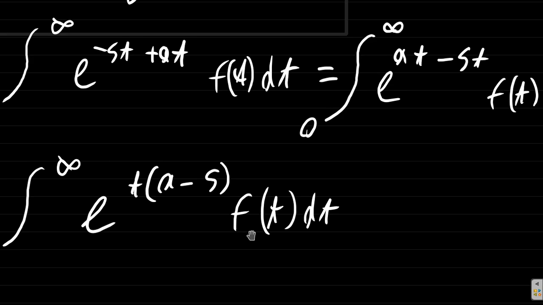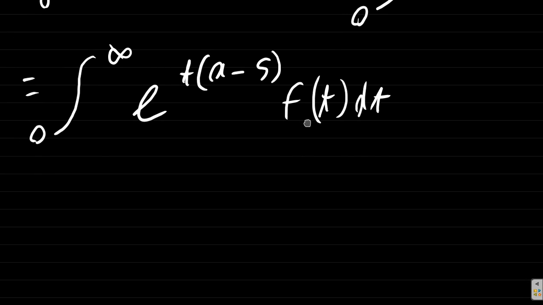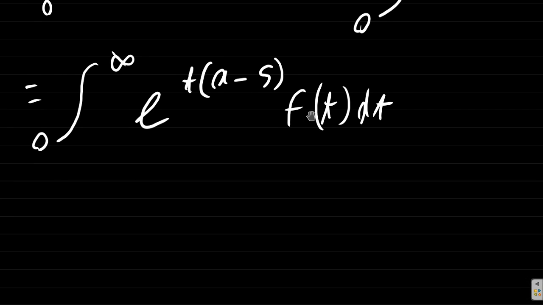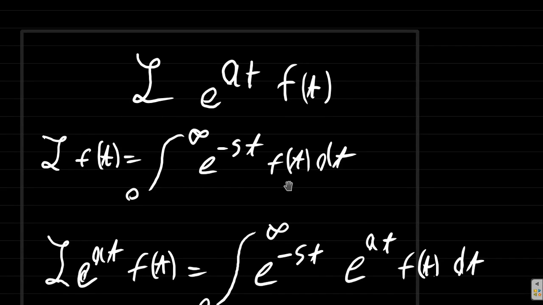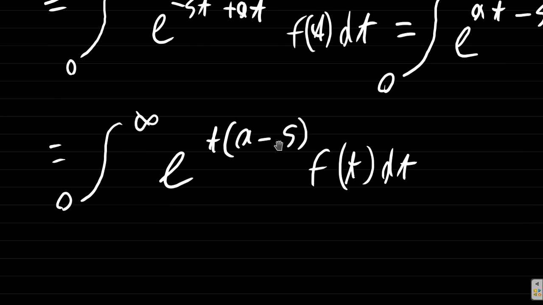Okay, so this is what you have. Now, instead of e to the at, it is going to be e to the t times a minus s. Now, you're going to integrate that. You're going to perform this integral with e to the power of t times a minus s.